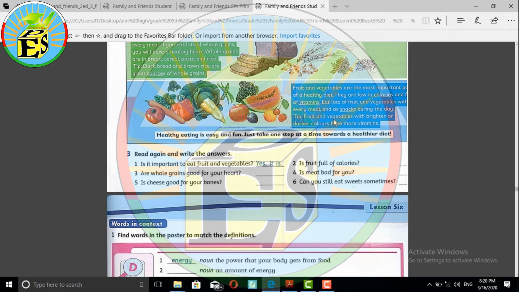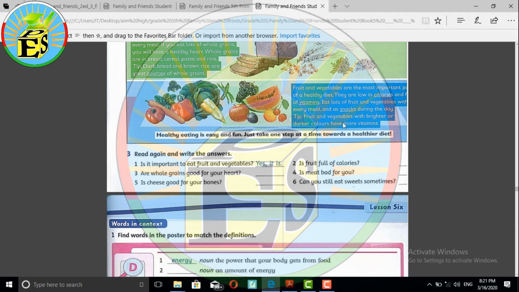So, as advice from me, you have to avoid the junk food or fast food. Don't eat McDonald's too much or KFC, Kentucky. These foods contain a lot of fats and a lot of additives. Additives means the things which we add to make the food taste better. Avoid these kinds of food. Drink a lot of water, drink water regularly.